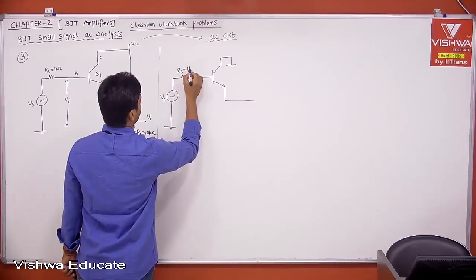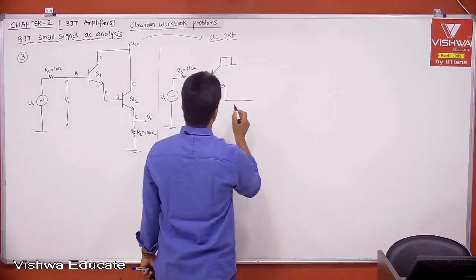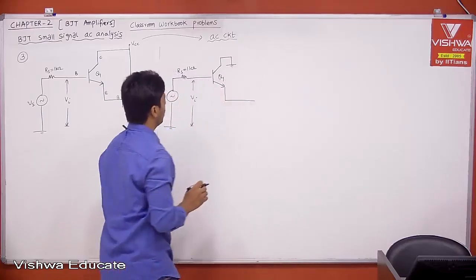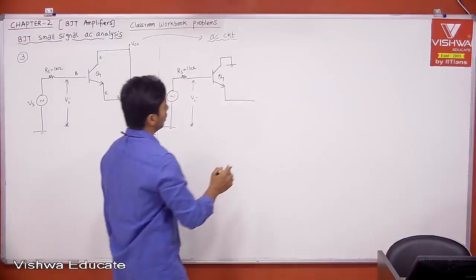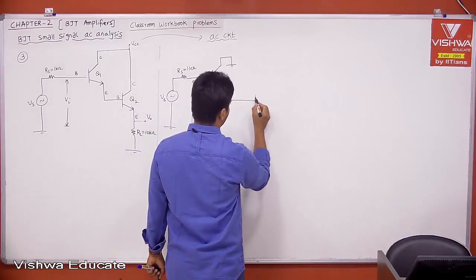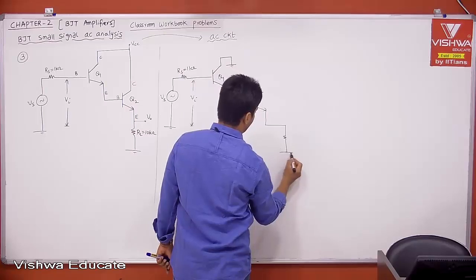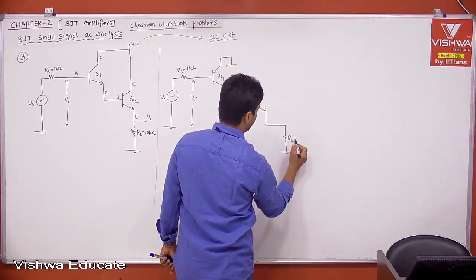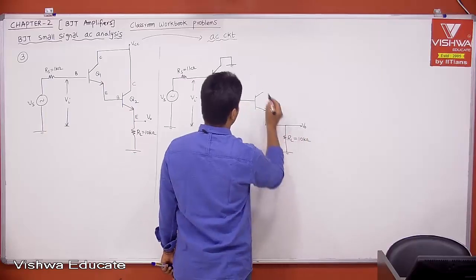Rs is equal to, let us say, 1 kilo ohm. Right? Now this output, this is Q1, this output is given to the next transistor Q2. Therefore now this is our transistor. This is your RL, which is 10 kilo ohm, and this is V0.